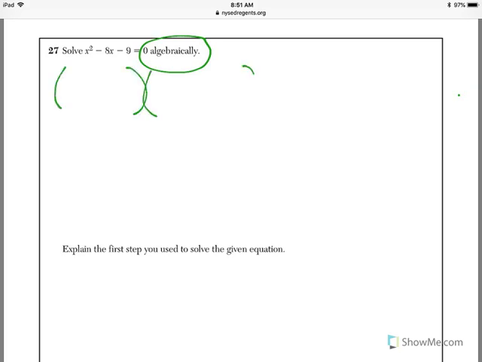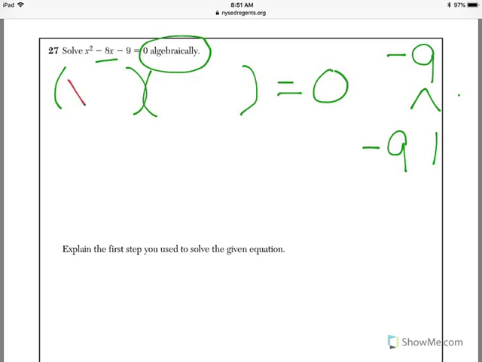And in factoring, what we have to figure out is what are factors of negative 9 that also add to negative 8. And those numbers would be negative 9, positive 1. Which means I'm going to have in one parenthesis x minus 9. In the other parenthesis, I'm going to have x plus 1.